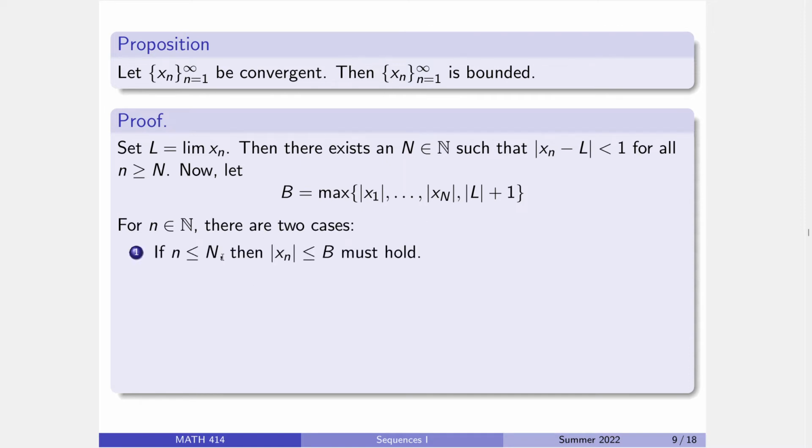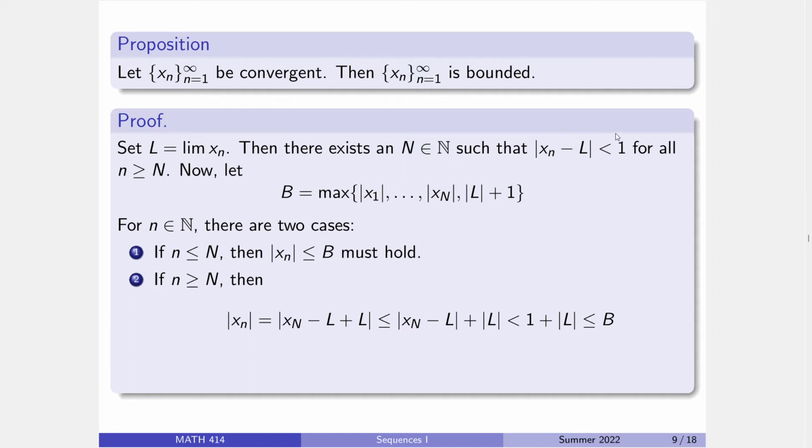If n is less than or equal to capital N, then it's just less than one of these, so that's what we have there. X sub n is less than B, because the first N of them we're just throwing in. Now note, this is a finite list, so it must have a maximum. It could be that the list is incredibly long, but at some point the sequence has to get within 1 of L.